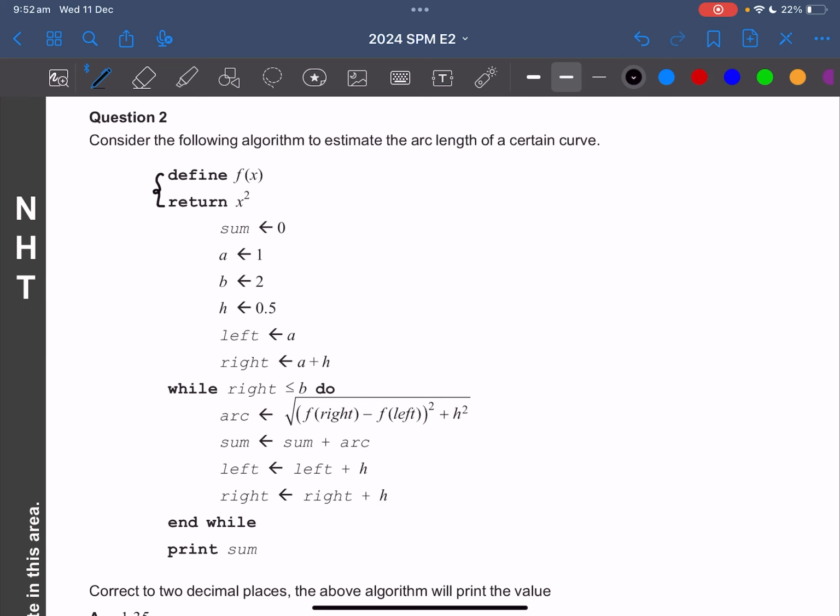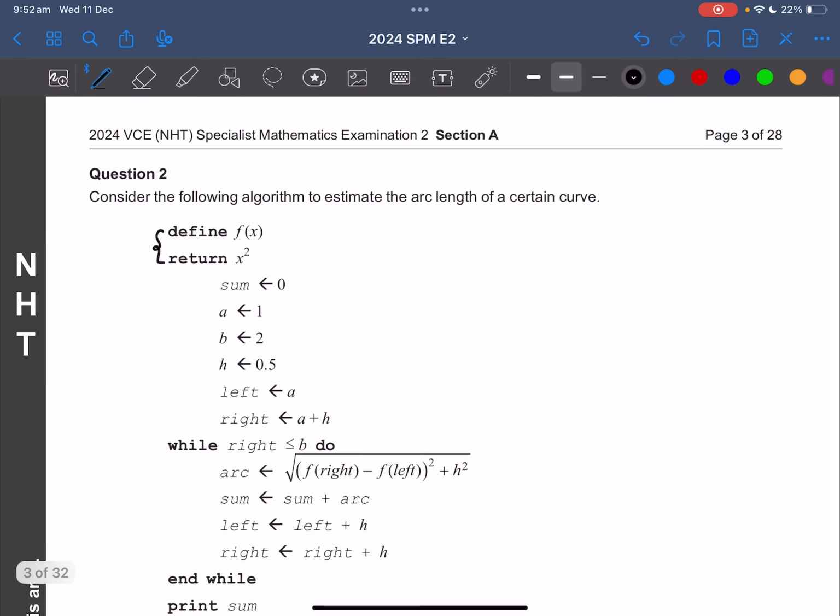So first let us take this step by step. First, let's write down that we know f of x is equal to x squared, and initial sum is equal to 0. And for our first iteration, we have the following values. We first have to write the right. What is right? It is a plus h.